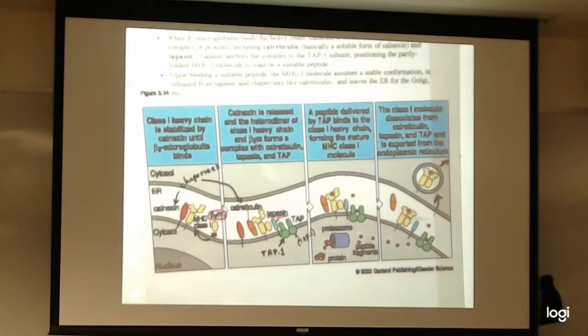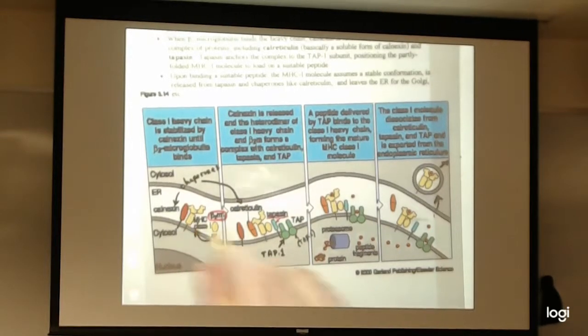Co-translational means as you're reading the mRNA into protein, that's translation. As we're reading the mRNA into protein, we're pushing that newly made protein through a little channel in the membrane and it passes through. That's called the translocon. So that's co-translational translocation. And so here's newly made beta-2 microglobulin.